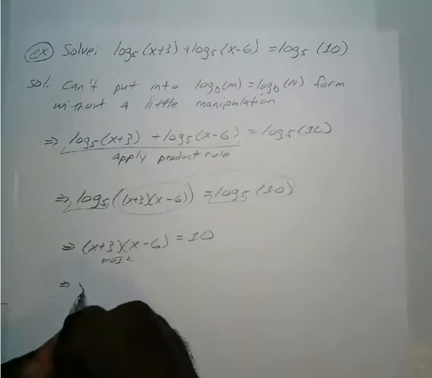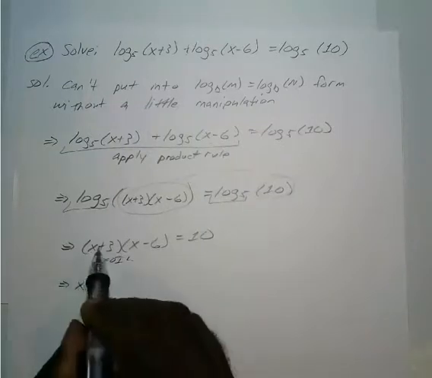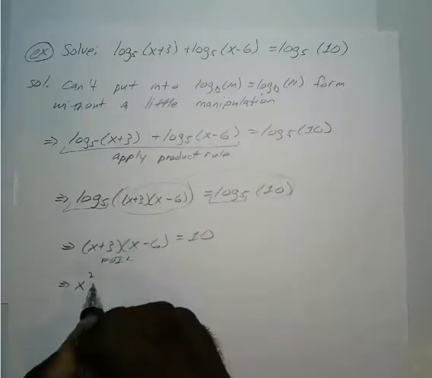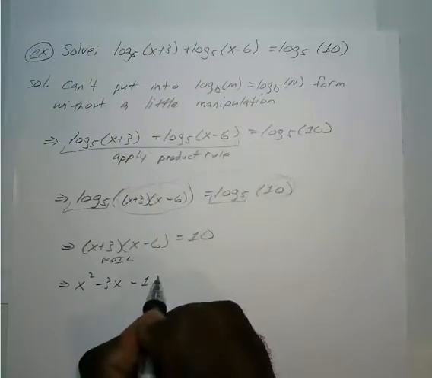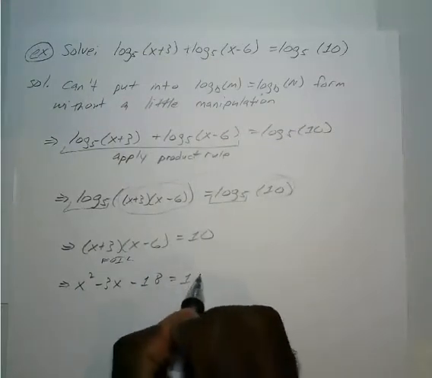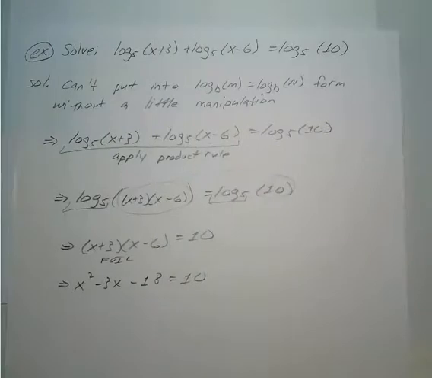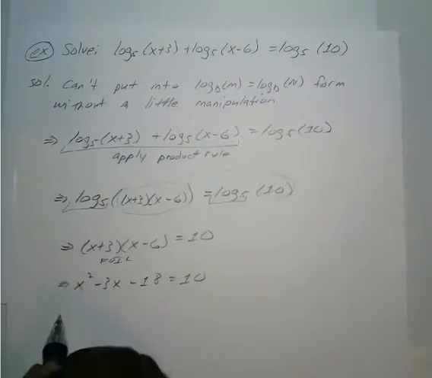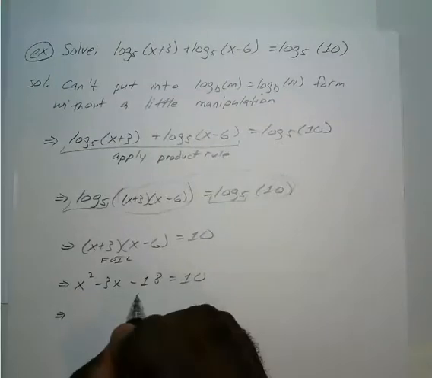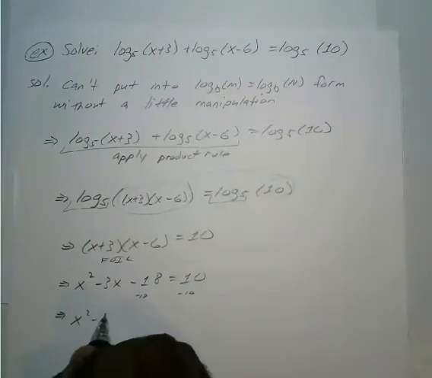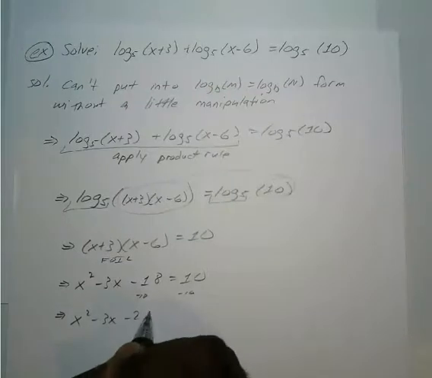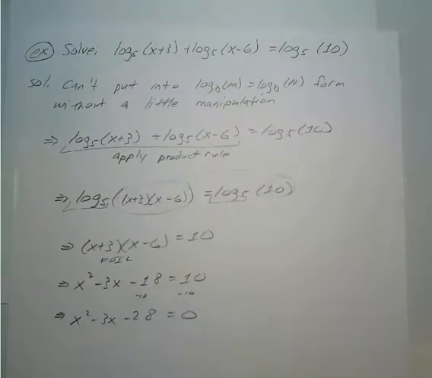We have x squared minus 6x plus 3x is minus 3x minus 18 equals 10. Okay, so if we go ahead and subtract 10 on both sides, we have x squared minus 3x minus 28 equals 0.